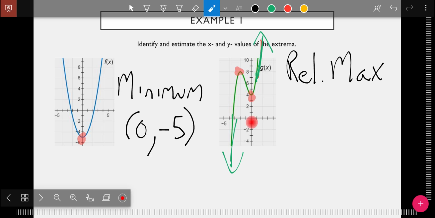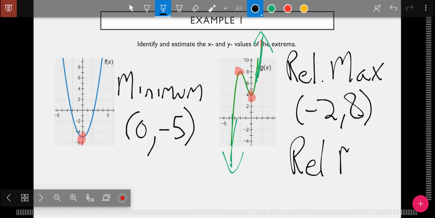It looks to me like it's back 2, up 8. And so always x and then y. So (-2, 8). And then the other point is the relative minimum, and that point is at (0, 4). So you have to identify the x and y values of the extrema, which again are maximums, minimums, relative maximums, relative minimums.